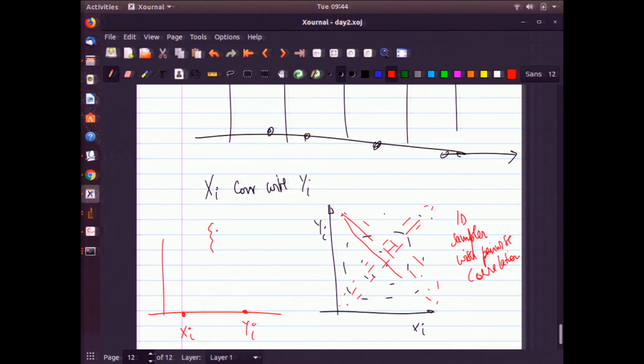So the set xi union yi is not necessarily uniformly distributed, even though xi is.